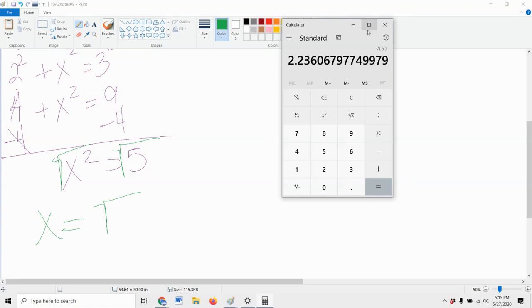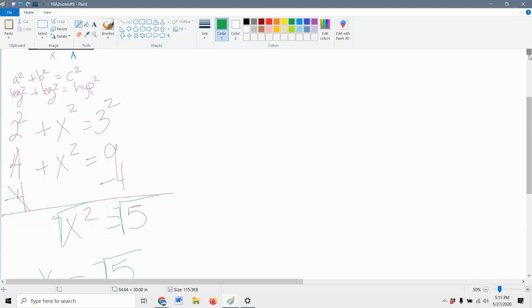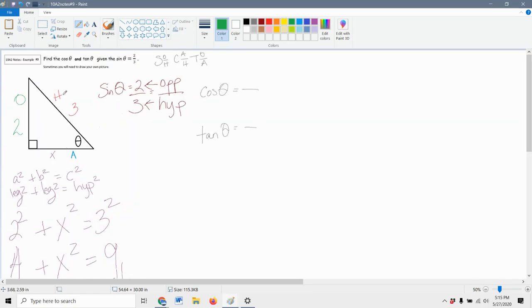We'll just leave it as the square root of 5. 5 is prime, so we are not going to be able to reduce that at all. x is the square root of 5. So that's what we're going to put for the length of our adjacent side. That is the square root of 5.